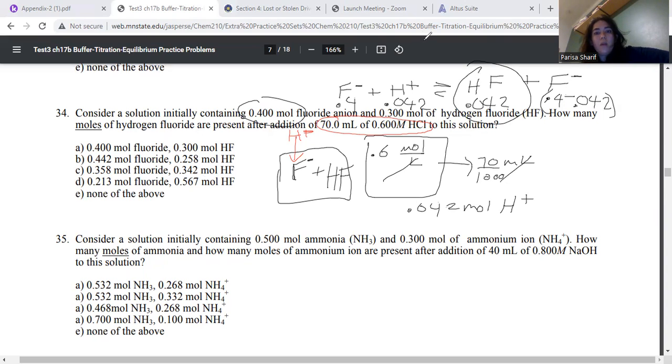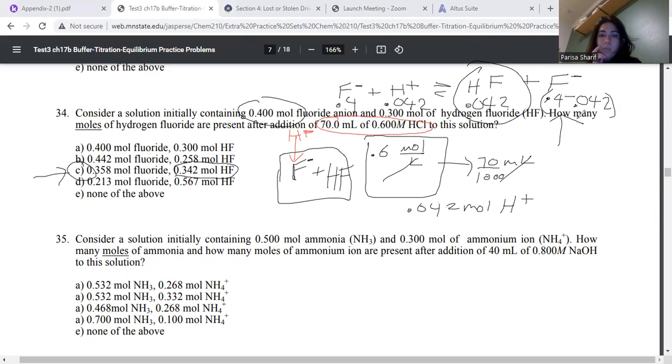And the original amount that we had of the weak acid was 0.3. So 0.3 plus 0.042 is going to be this guy. This is how much HF we have. And actually, the question did ask for the amount of fluoride. So I'm guessing it's this C. Okay, so probably you have to put this in your calculator to confirm, but that seems right.